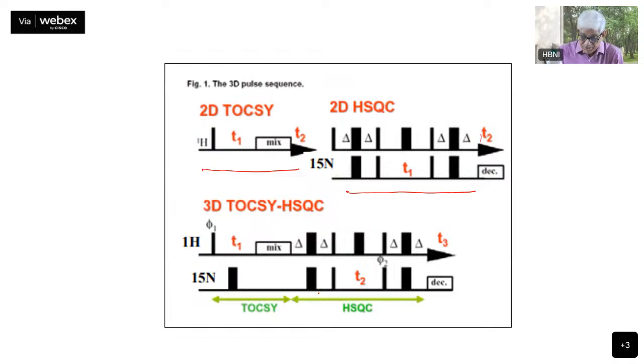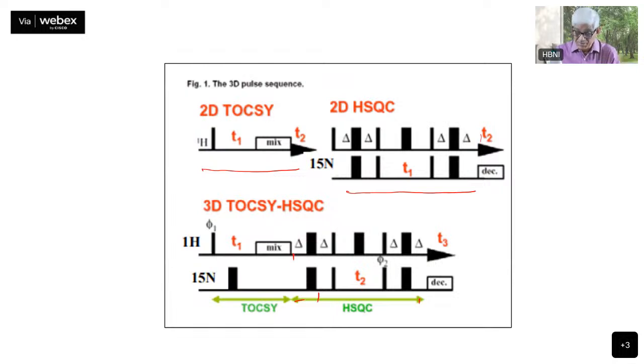So from here to here, it is the same as this TOCSY. Now, instead of collecting the FID here, we do an HSQC sequence. From here to here, it is an HSQC sequence.